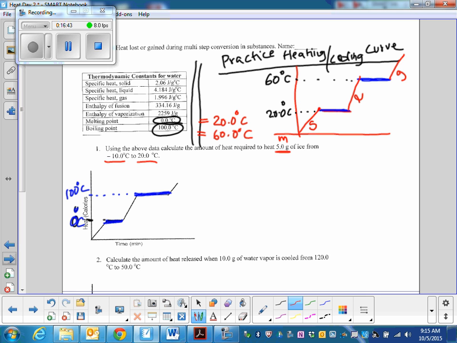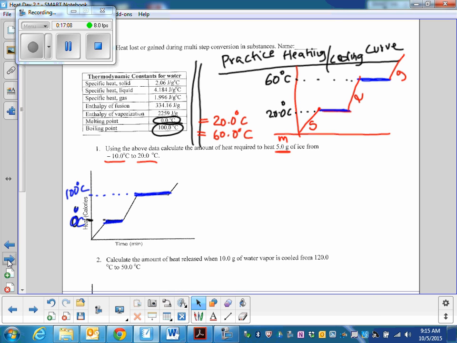You cannot directly say, oh, I'm going to use this equation. This problem is more complicated. It involves more steps.